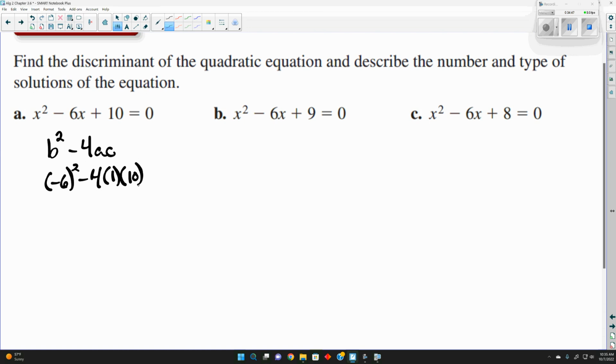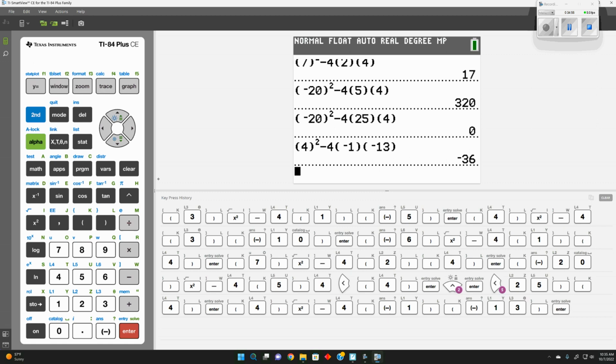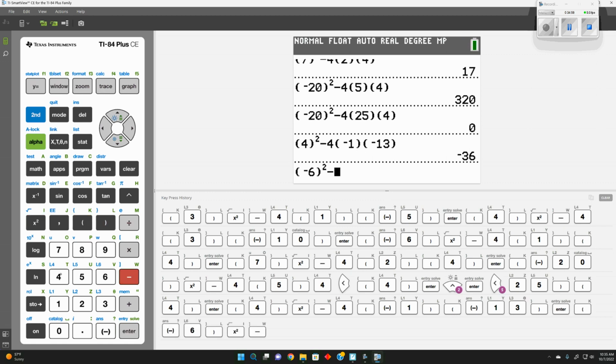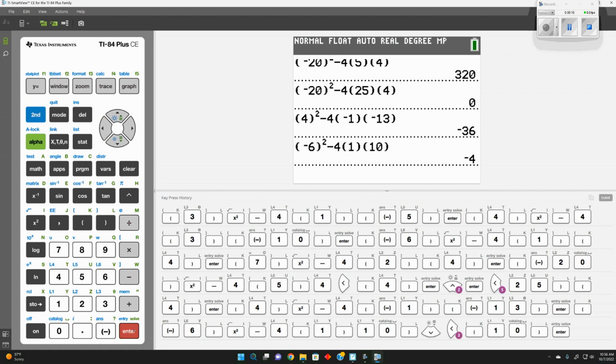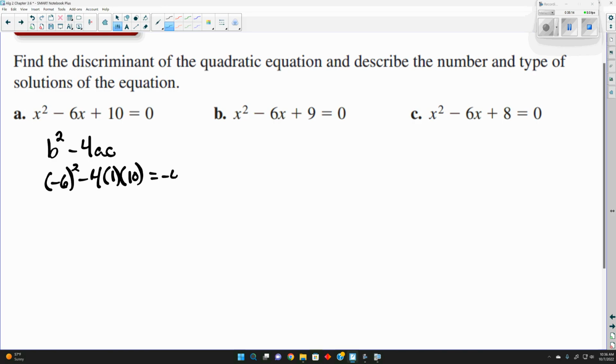Now we can type this into the calculator. Negative 6 squared minus 4 times 1 times 10, which tells us this is negative 4.